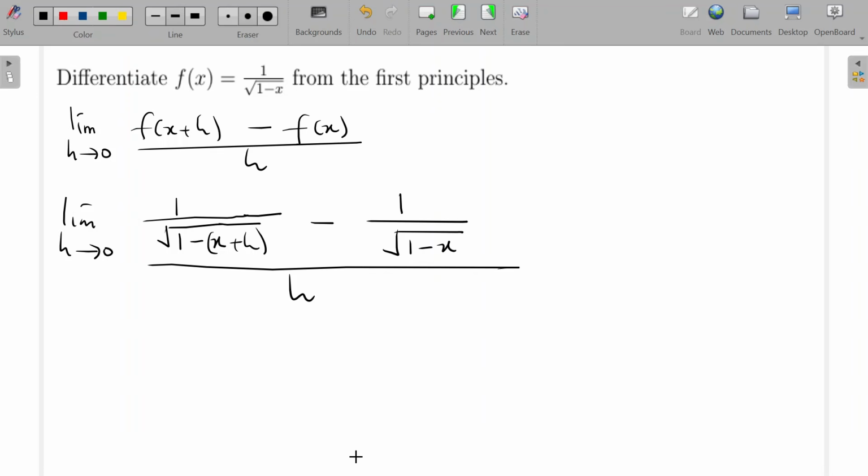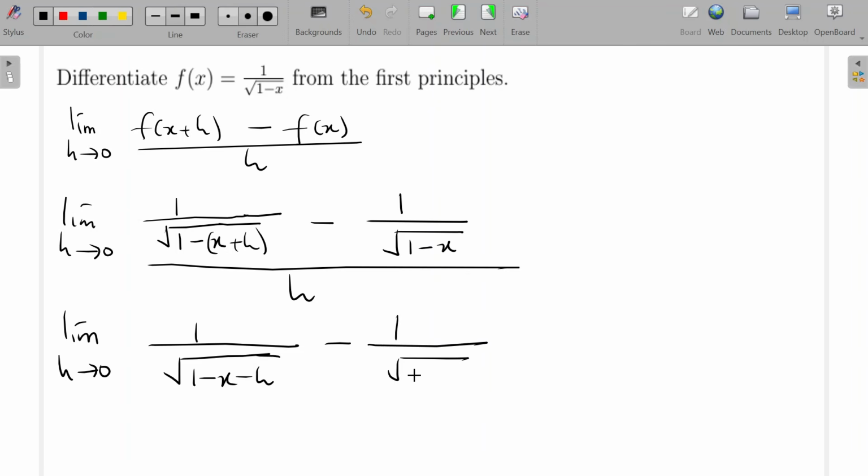After replacing, I continue: limit as h approaches 0 of 1 over the square root of 1 minus x minus h, then minus 1 over the square root of 1 minus x, over h.